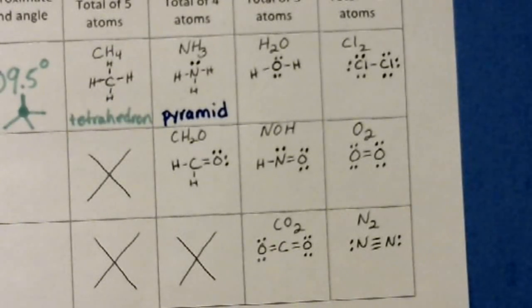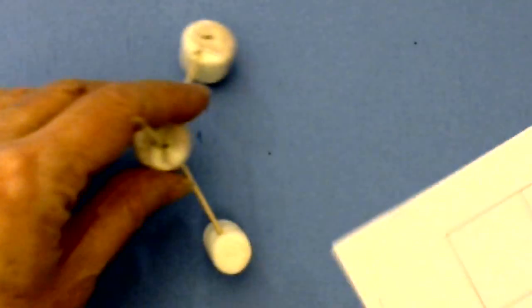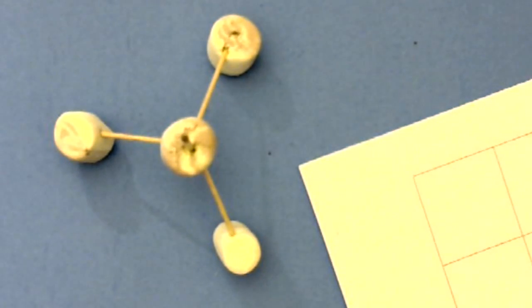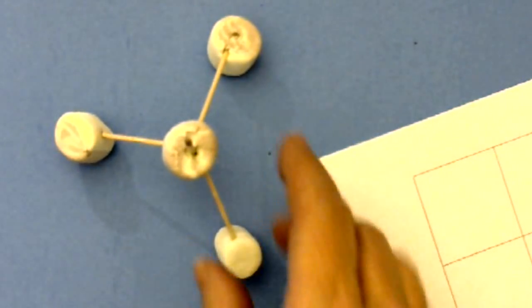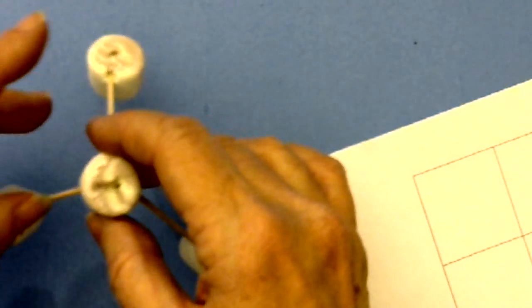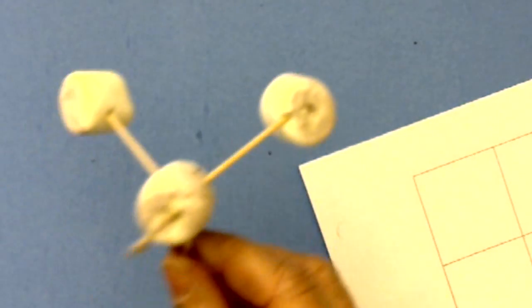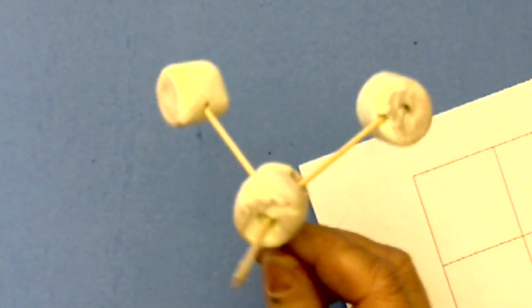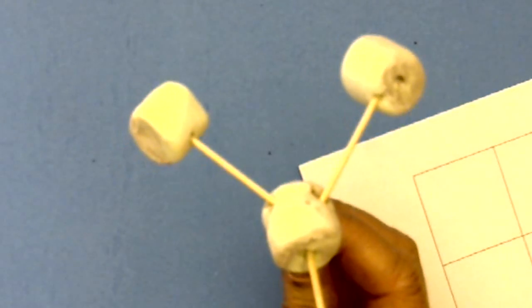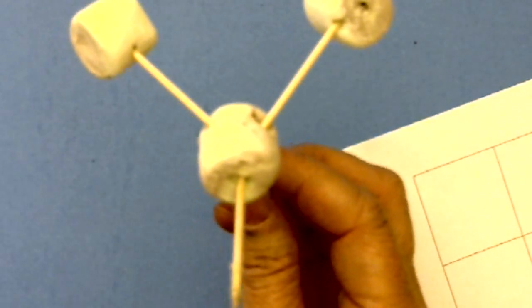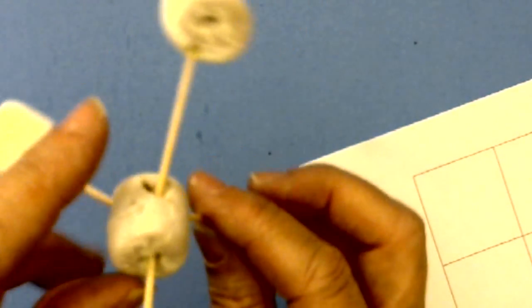All right, so take your shape now, and I think you're going to start to see the pattern. Here's our shape right here. Move this out of the way. But what happens if we go to water? Water has 4 groups of electrons, so it has 4 toothpicks, but it only has 3 atoms. So let's remove a marshmallow. And there is my shape for water. And notice the shape only involves the atoms themselves. The sticks are still there, the electrons are still there.